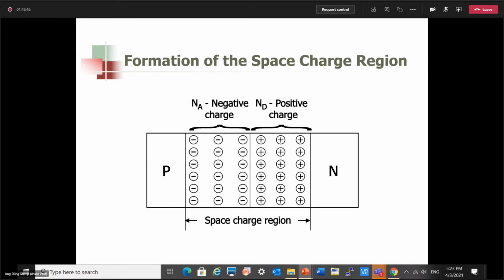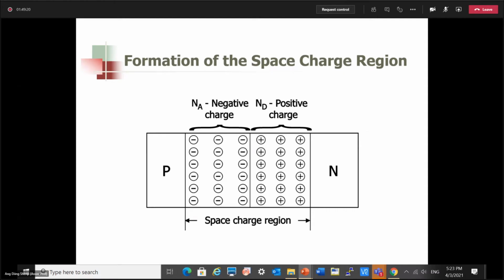It carries a negative charge. So overall, there is no net charge, because one boron atom creates a hole but itself becomes negatively charged. So the net charge is still zero. That's why in a p-type semiconductor, the semiconductor is neutral, because the positive charges on the holes are compensated by the negative charges on the acceptor ions.